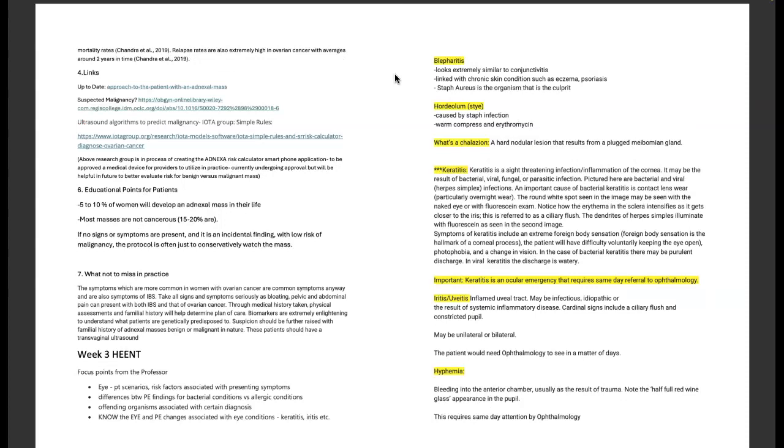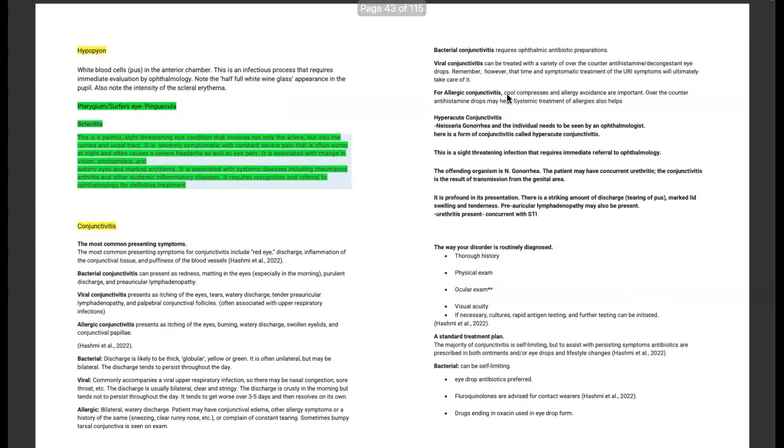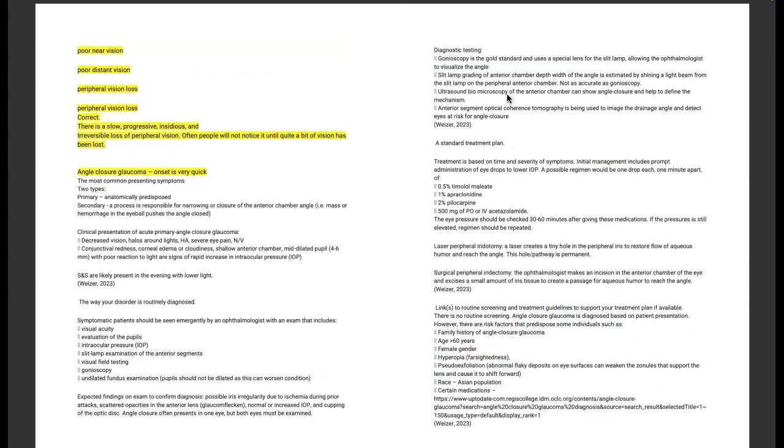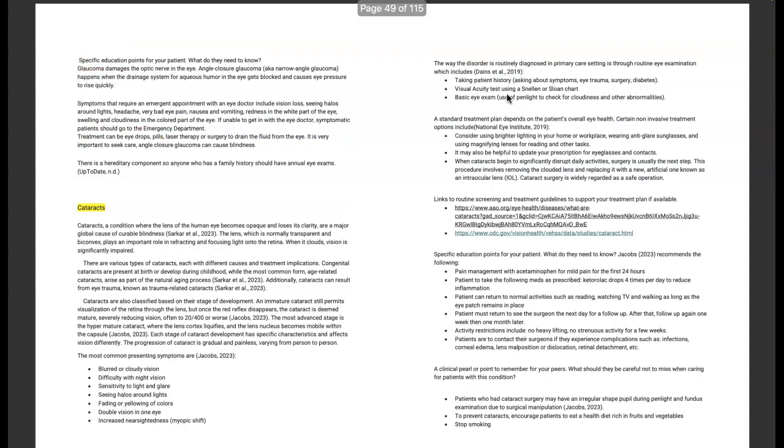And then we moved on to week 3, which was HEENT, and I didn't include everything from this particular section, but I did include things that I felt were going to come up in clinical practice. Scleritis, conjunctivitis, open angle glaucoma, closed angle glaucoma, cataracts, and the routine screening and treatment guidelines here.